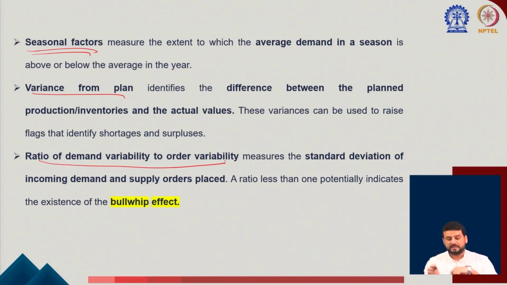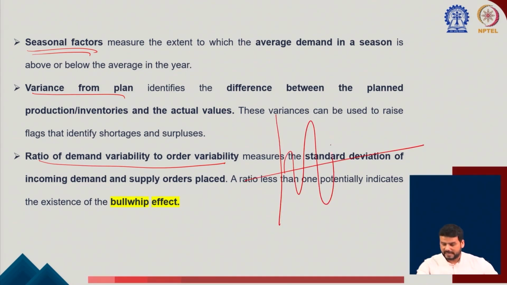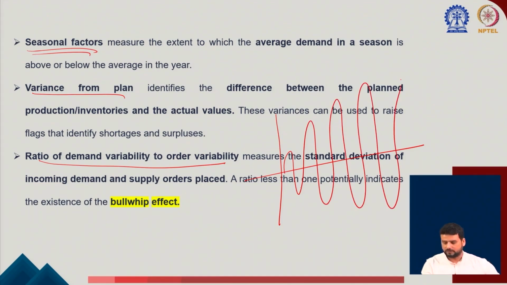Ratio of demand variability to order variability. That means demand and order: you predicted demand, maybe the actual demand also, or you order for something. Like we talked about the bullwhip effect in detail, where we said that the demand coming from the retailer is for 50 units, the distributor puts the order for maybe 75 units with the manufacturer, the manufacturer puts an order for maybe 100 units, and the raw material supplier puts an order for 110 units for the next level raw material supplier.